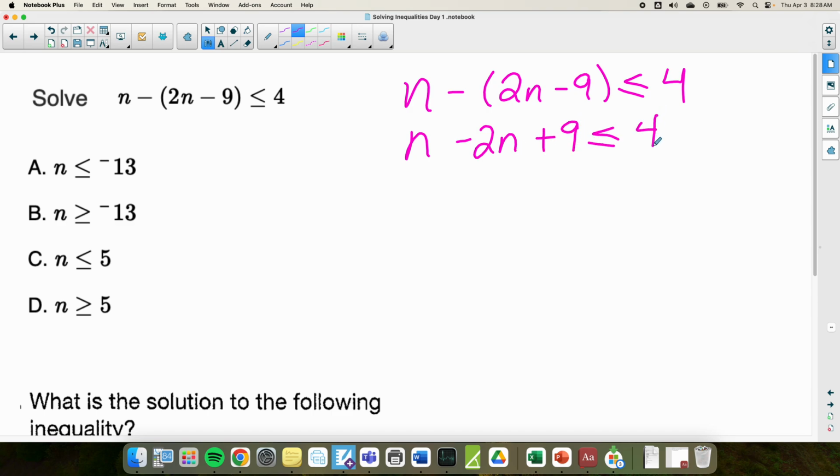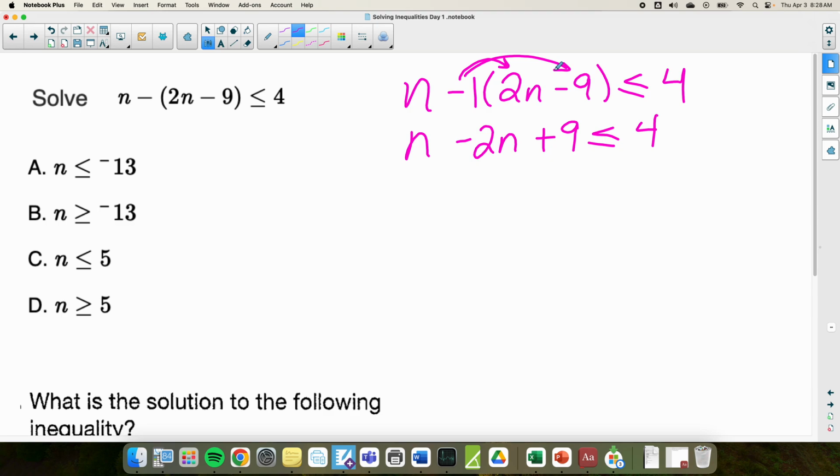Now another way I explain that, in case that is confusing to you: when you have a minus in front of parentheses, think of it as negative 1 times that, and distribute your negative 1. If you have negative 1 times 2n, that's negative 2n.